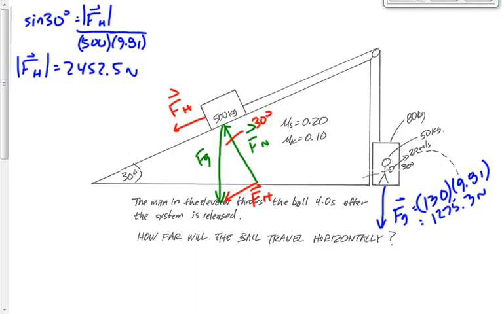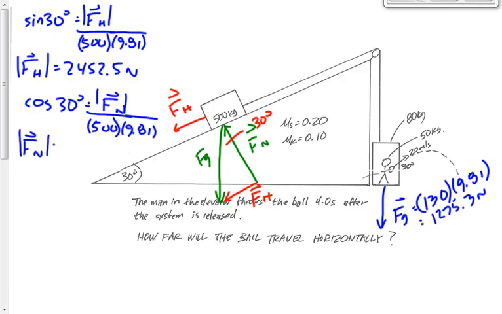Let's get the normal force while we're at it. Cosine 30 degrees is equal to the adjacent side over the hypotenuse, which is, again, 500 times 9.81. That means my normal force, when you do the math, works out to be 4247.8546 newtons.